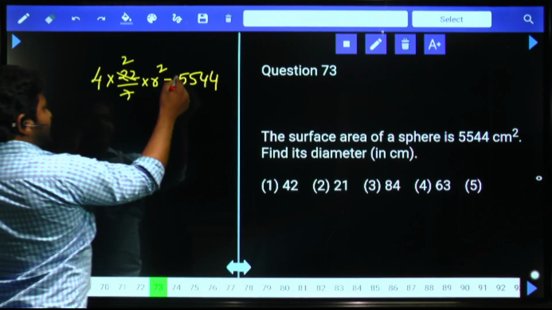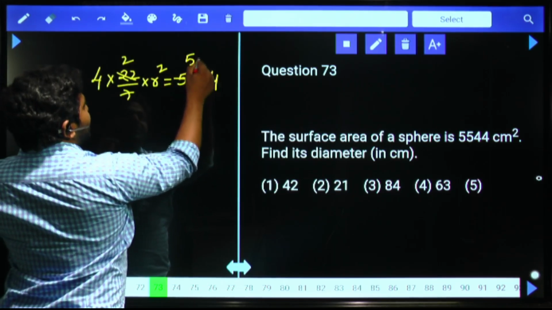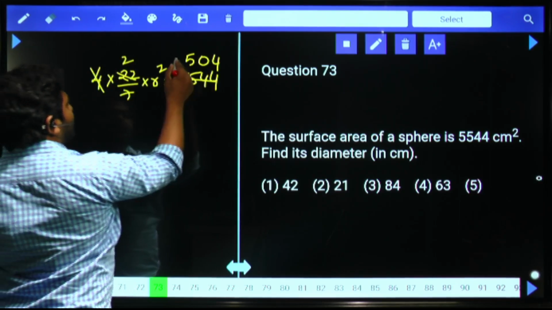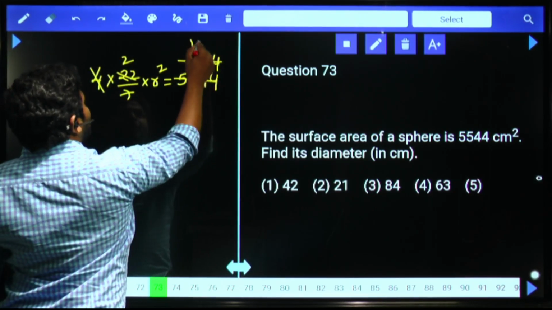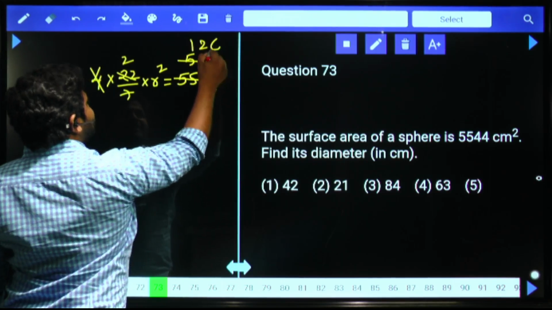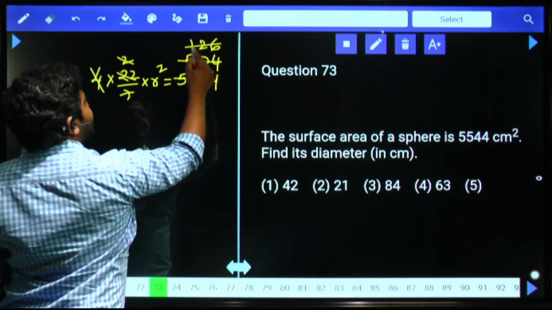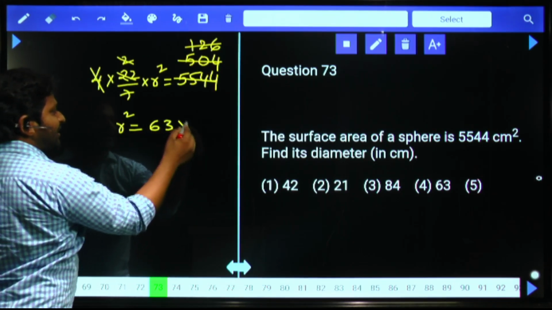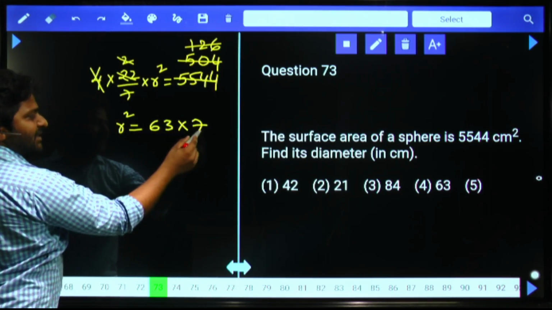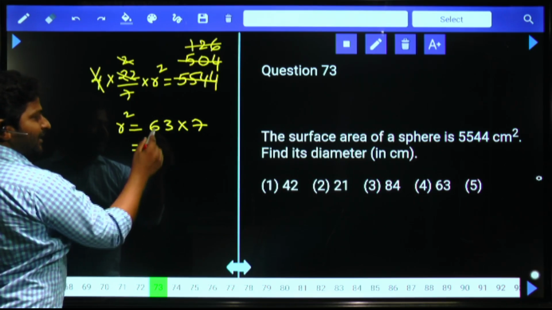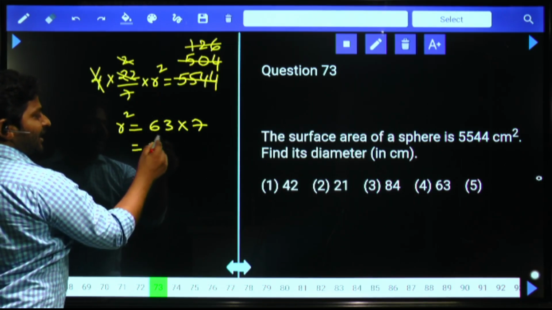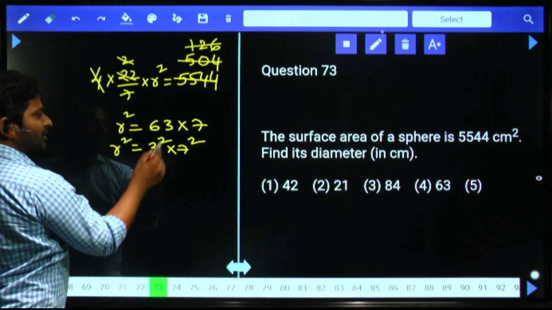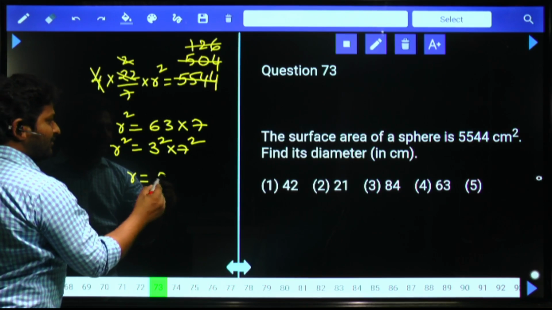Dividing, we get 63 times. So r square is equal to 63 into 7. As you have 1 7 here, let me write this as a 7 multiple. This can be written as 9 into 7, 9 in the sense 3 square into 7 square. If r square is equal to 3 square into 7 square, r is equal to 21.